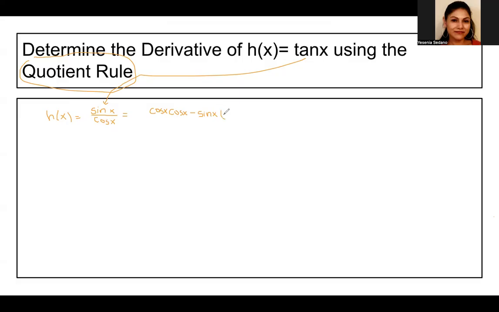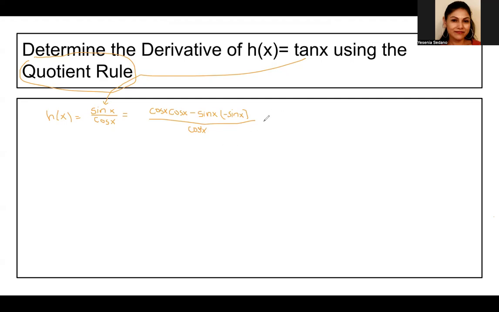I'm just going to add parentheses here because this is a negative. And you'll see some stuff will happen with this in a second. And then with the quotient rule, we cannot forget it's all over the bottom function squared. You can use parentheses squared, or traditionally we write the squared like this. Okay, so this is what we have.